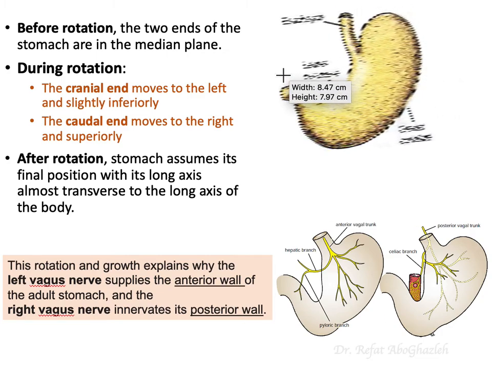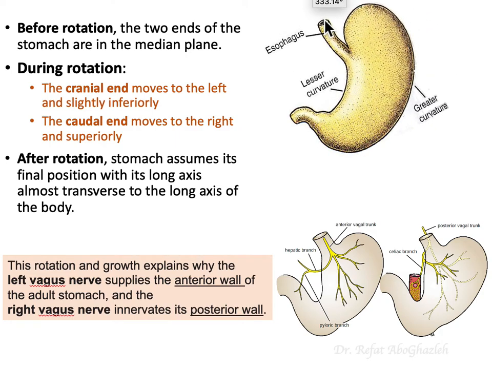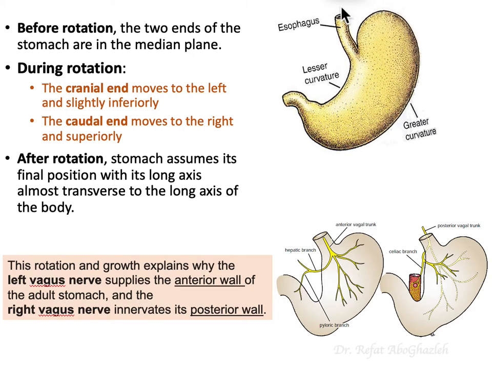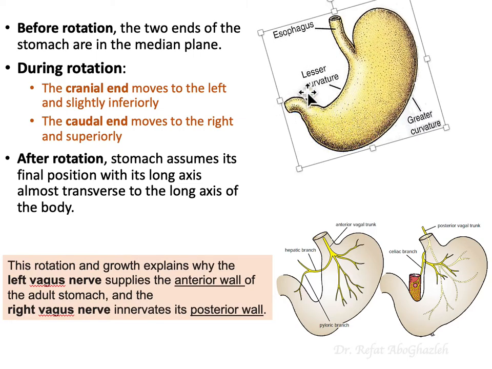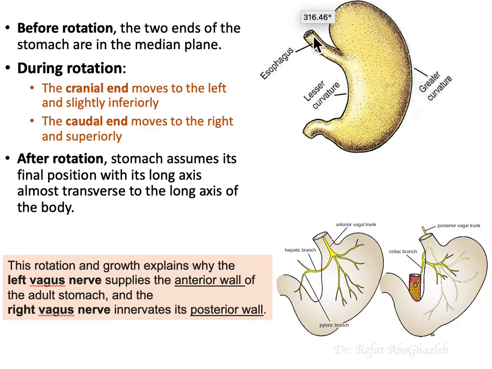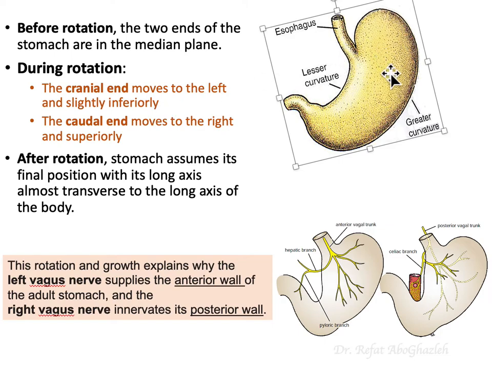That means once rotated, the cranial end moves a little bit to the left, to this side, and inferiorly. While the caudal end, this end, when rotated, moved to the right and superiorly. This is what I meant by these statements.